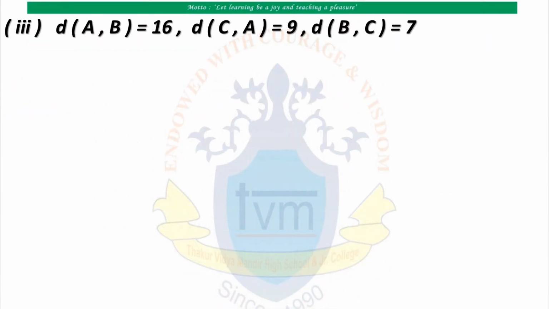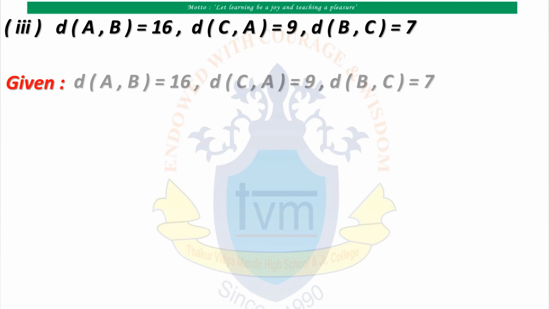Here we have the next question. Distance AB equals 16, distance CA equals 9, distance BC equals 7. So what is given here? Distance AB is 16, distance CA equals 9, and distance BC equals 7.